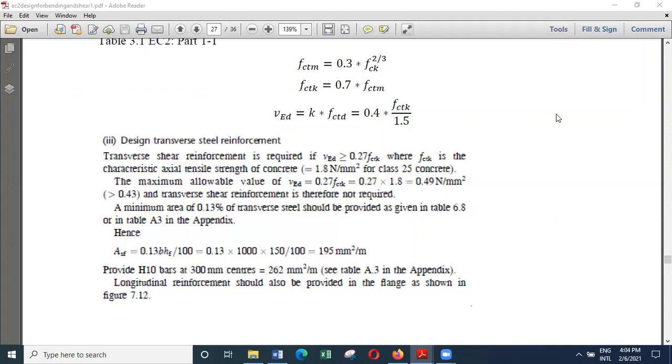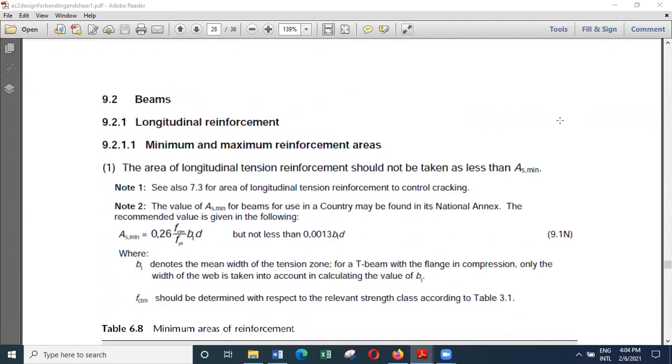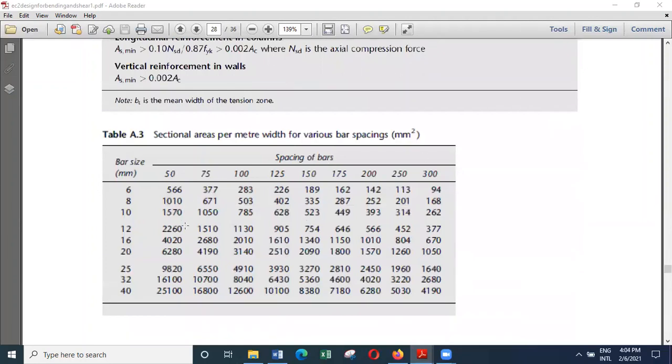So any other question? I have given some tables from books, because this code does not give any information.